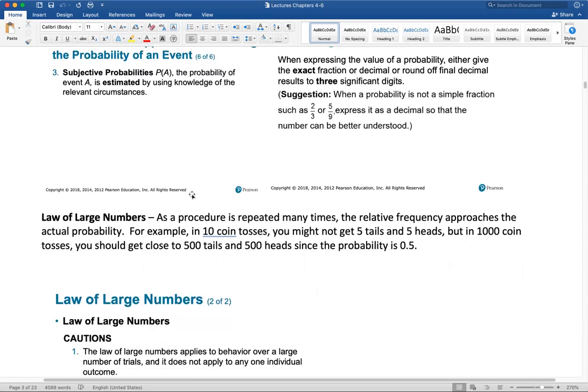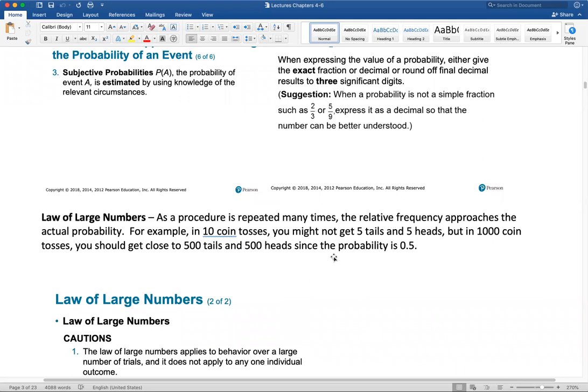Okay, law of large numbers. As a procedure is repeated many times, the relative frequency approaches the actual probability. What does that mean? For example, in 10 coin tosses, you might not get 5 tails and 5 heads. Using classical probability, the probability of heads is one half and the probability of tails is one half.